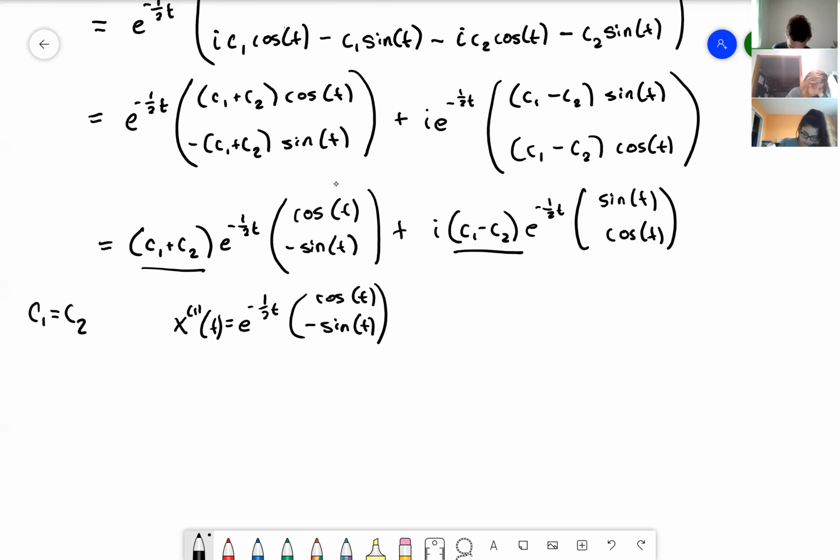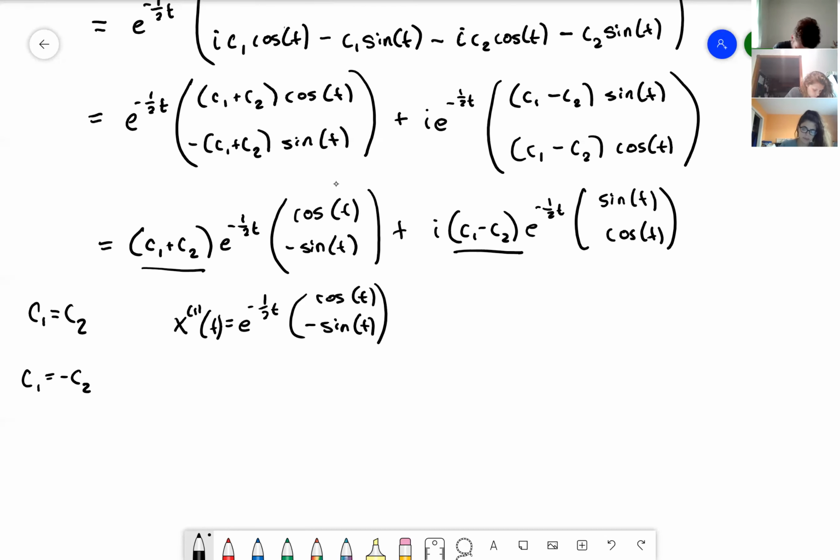Now the other possibility to get a real value is to say c1 equals negative c2. So this is a different linear combination.